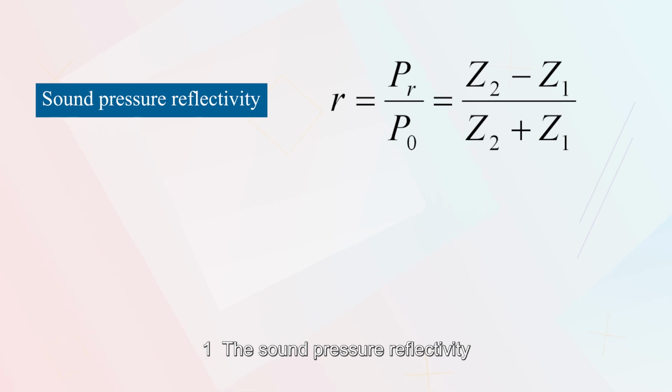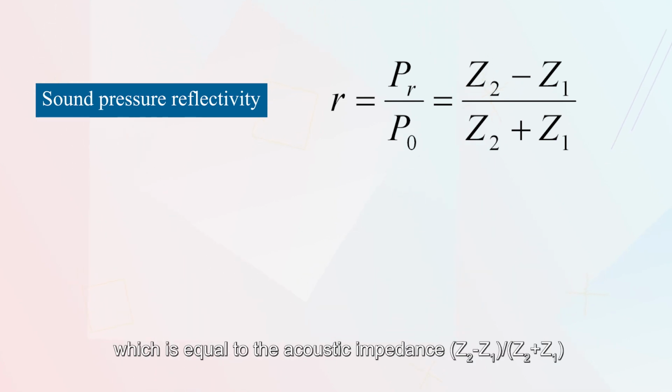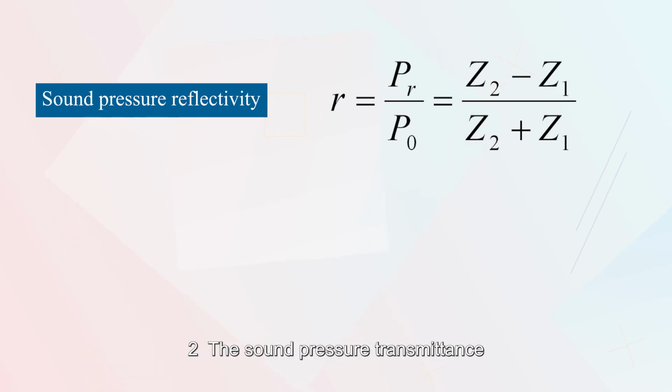1. The sound pressure reflectivity R is equal to the reflected wave sound pressure PR divided by the incident wave sound pressure P0, which is equal to (Z2 minus Z1) divided by (Z2 plus Z1). 2.